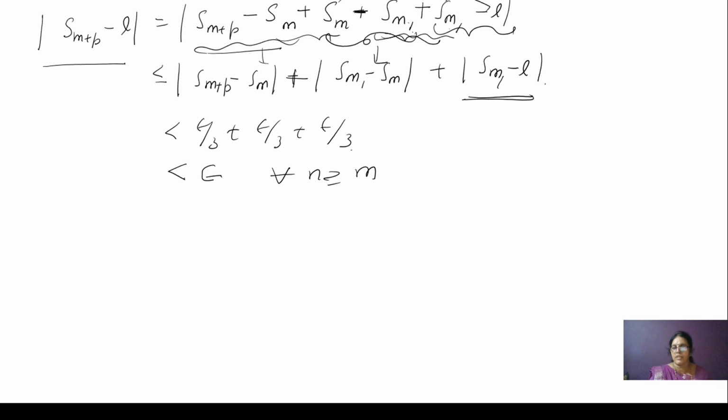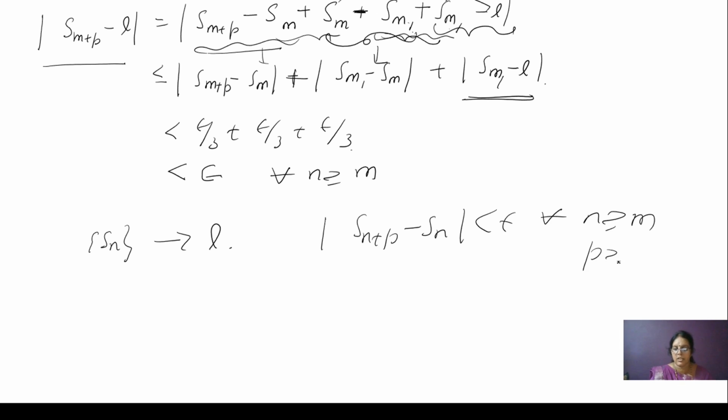So this proves that the sequence Sm plus p, or the same as Sn, converges to L. So this proves that if the condition modulus of Sn plus p minus Sn is less than epsilon for every n greater than or equal to m and p greater than or equal to 1, then the sequence converges.